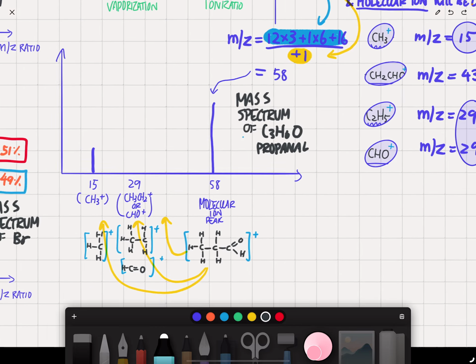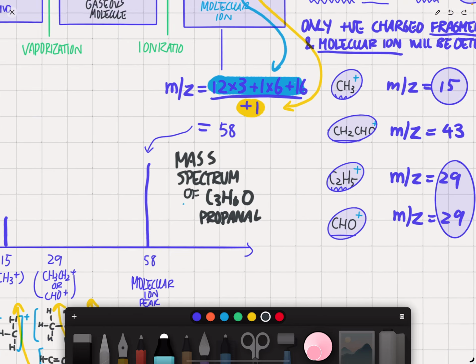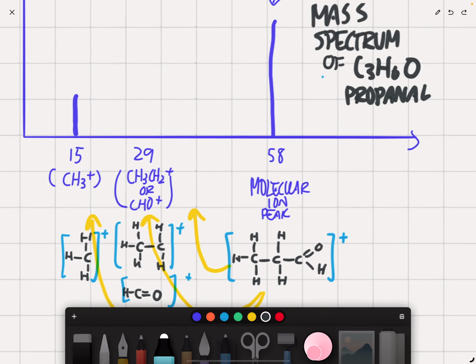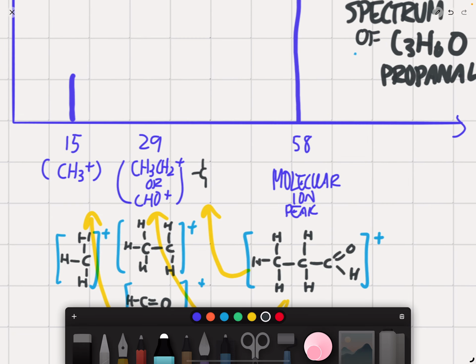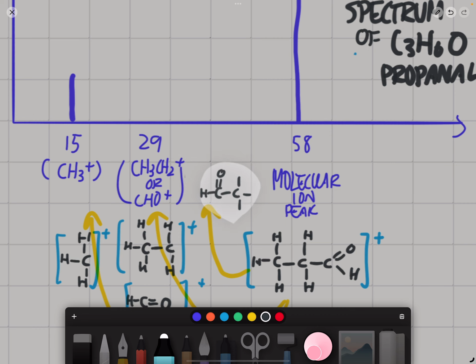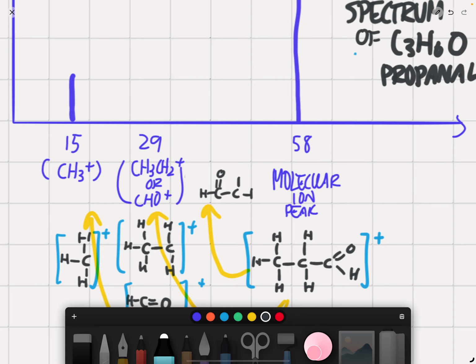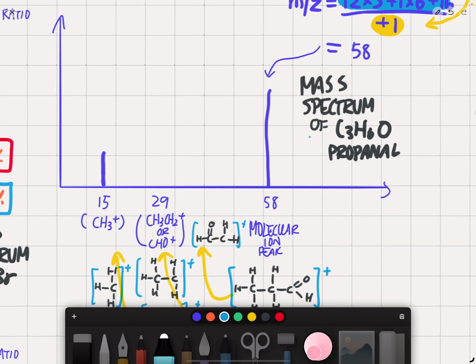And finally, we can also have a CH2CHO+. So CH2CHO+ will be another positive fragment that we can get.